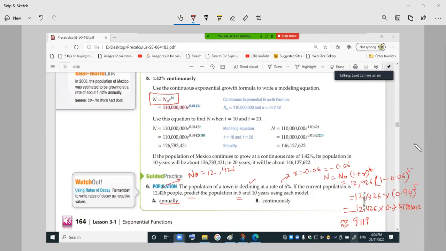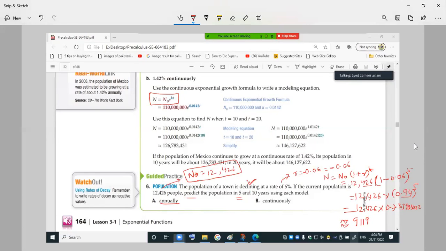Yes. So now N0, I have taken N0 as 12,426. And the rate is negative because it is decreasing. So we will take negative. So R is negative. We will put negative here. N0 is 12,426. So 1 minus 0.06 becomes 0.94 raised to power 5.